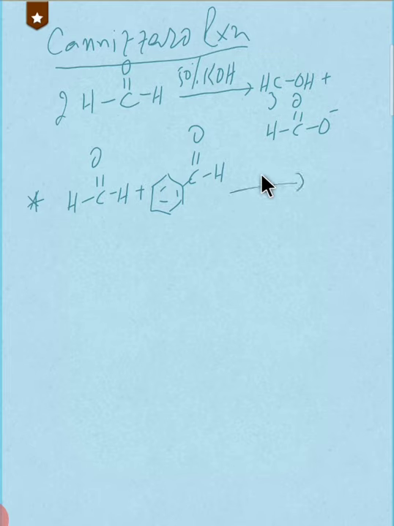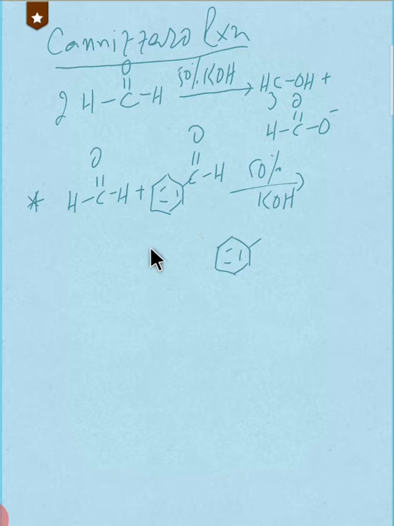So if it is reacted with 50% KOH, then this will be a cross Cannizzaro reaction because we are taking two different aldehydes, right? In this case also one carboxylate ion and one alcohol will be formed, and the trick here is to write the alcohol of that compound in which steric hindrance is large, right?